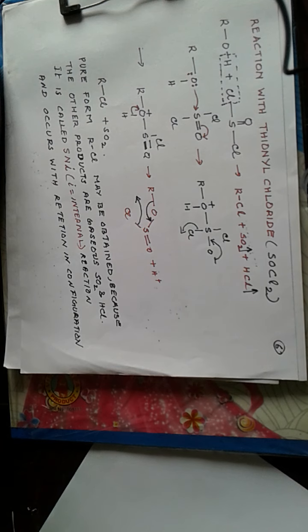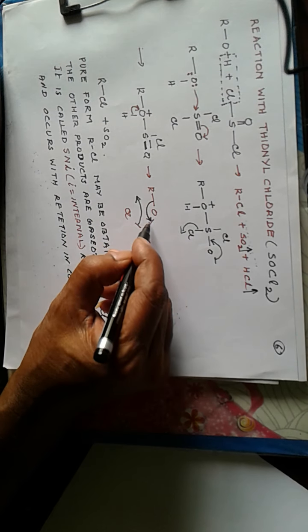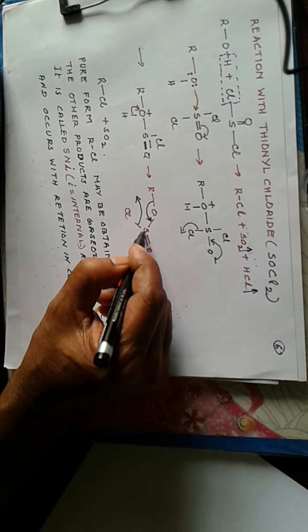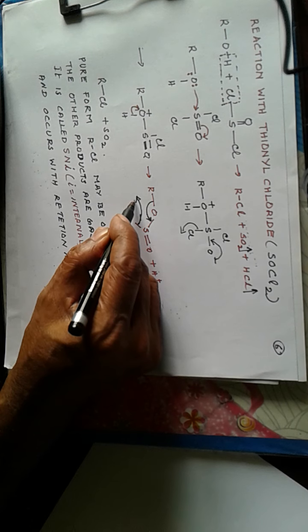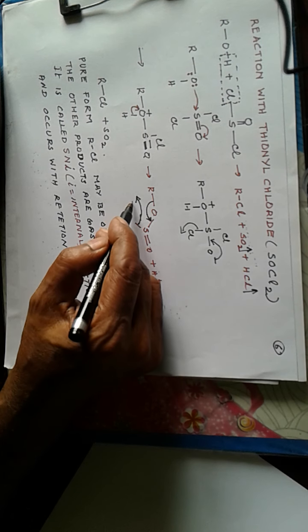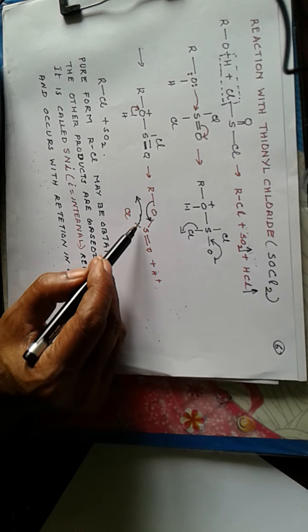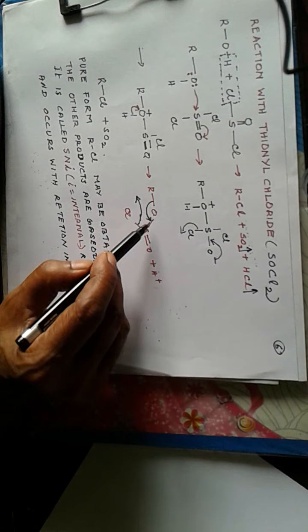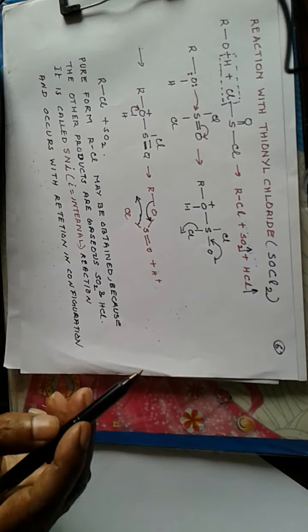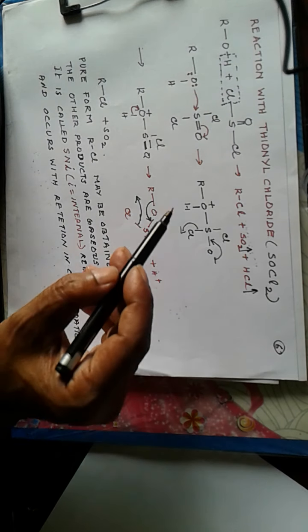You think mechanically. So this bond undergoes a rotation through so much angle and comes in between oxygen and sulfur. This bond undergoes a rotation through so much angle so that it comes in between R and Cl. Then we get RCl. Then this bond is broken, this bond comes over here, so we get SO2, sulfur dioxide. Then of course HCl is another product.